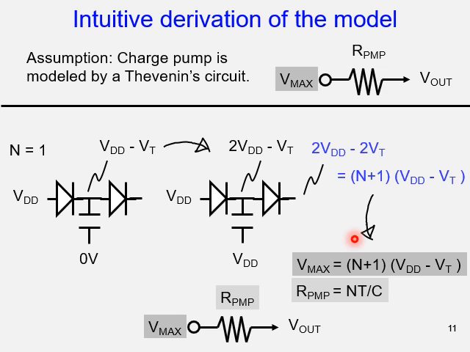In summary, we have Vmax and RPMP with these design parameters like this. So at this point, we have this equivalent circuit, and this assumption was actually correct.